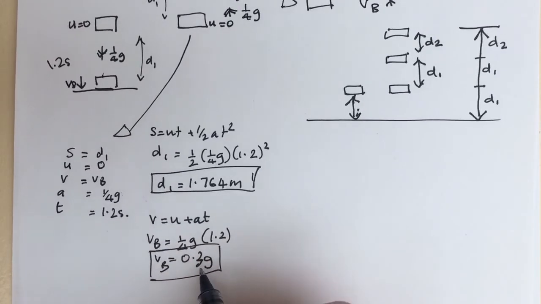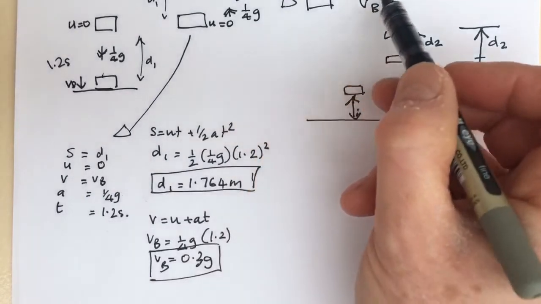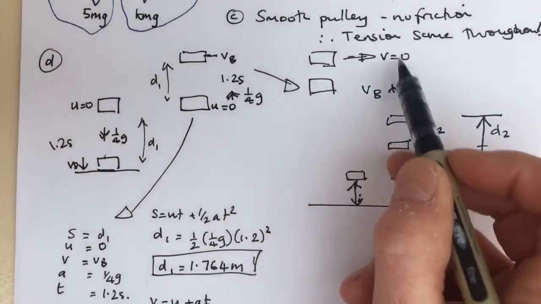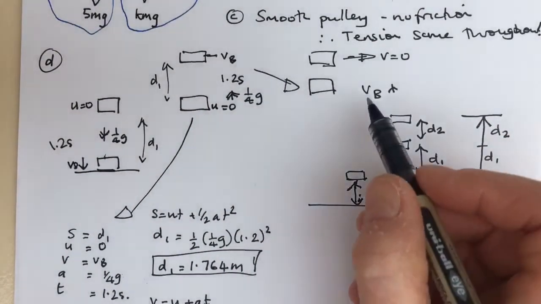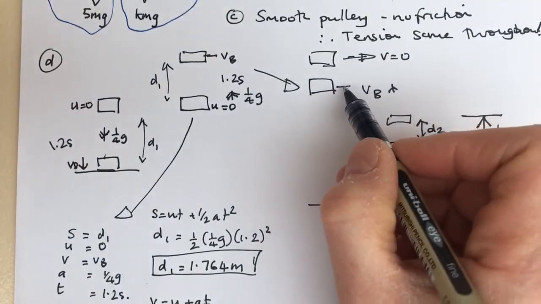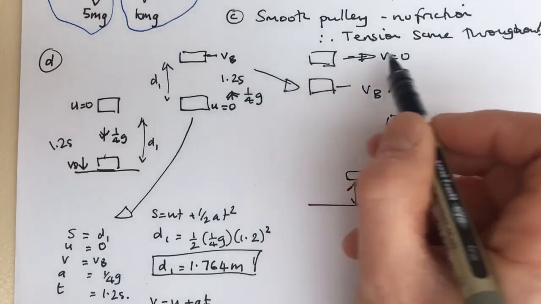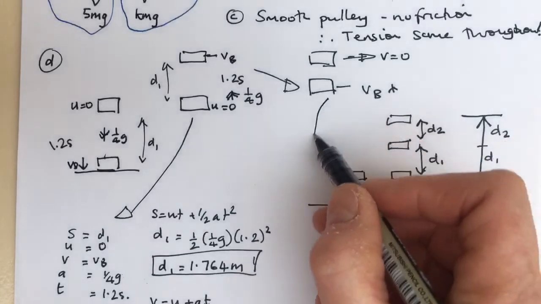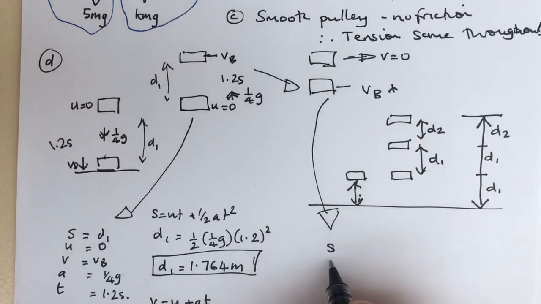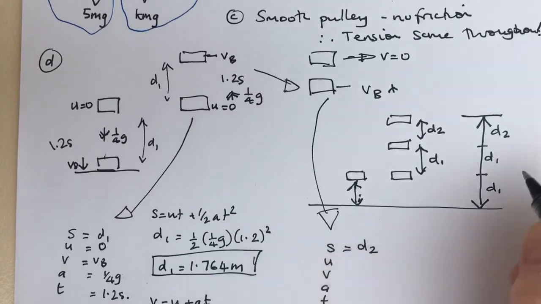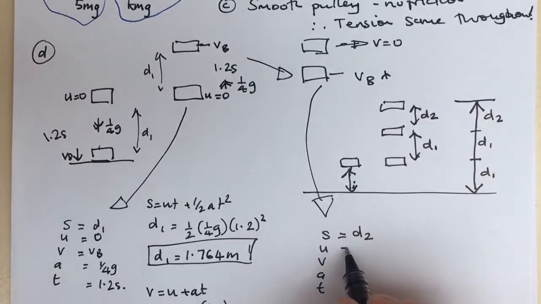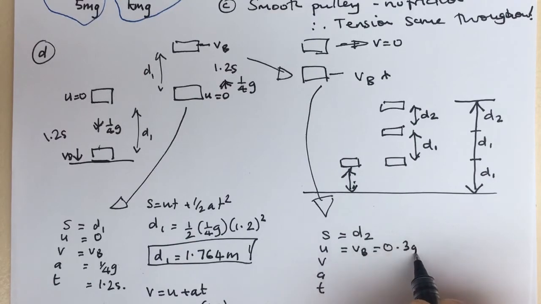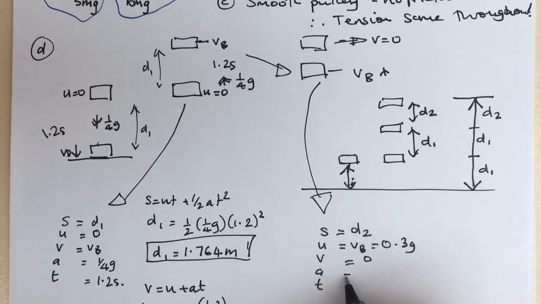So this VB now transfers into this part where it's moving from this velocity and then stopping. So my suvat for this portion: I'm calling that one D2. u is my VB, which is 0.3g. v is 0 because it's stopping, and a was minus g, which is 9.8.